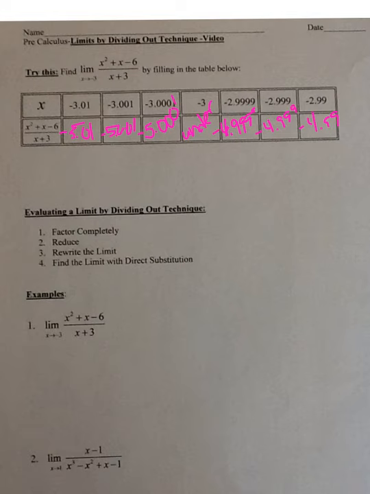All right, so let's write this down here. As x approaches -3, f of x approaches -5, right? So my limit is -5.